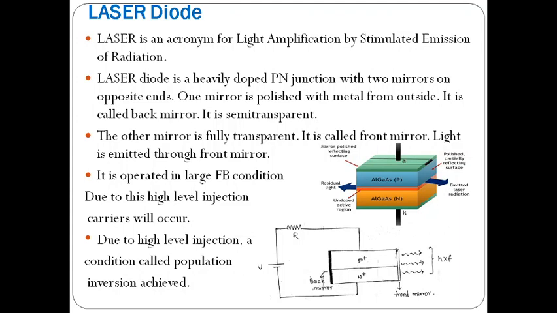The photons released from the spontaneous emission are trapped in the p-n junction until their concentration reaches the threshold value.